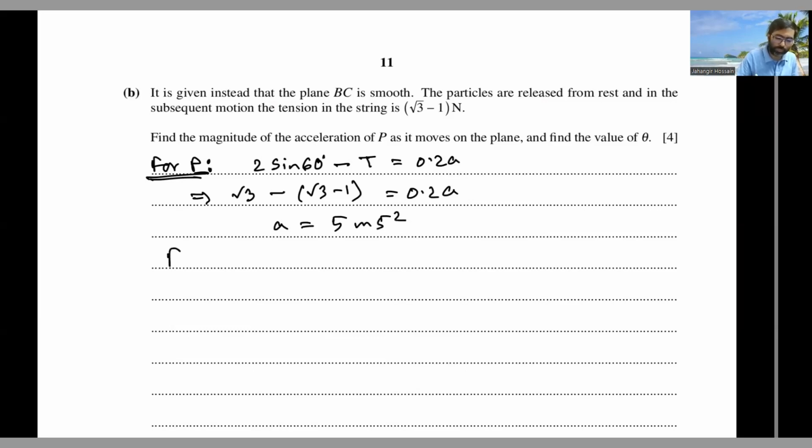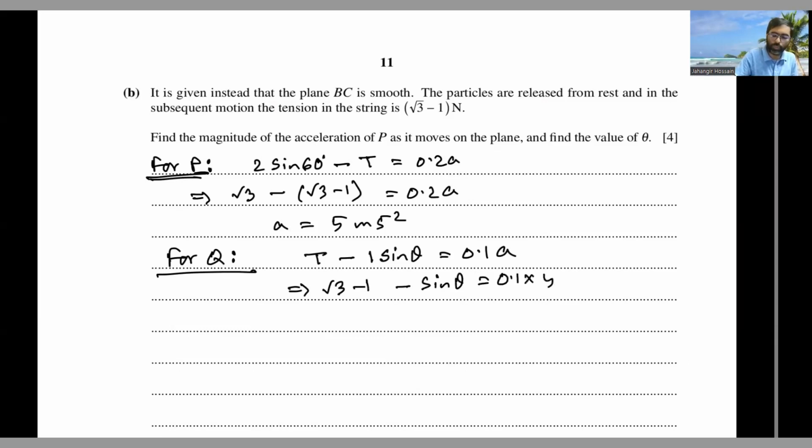Now use this A for Q. For Q, we have T minus 1 sin theta equals 0.1 times A, so root 3 minus 1 sin theta equals 0.1 times 5.